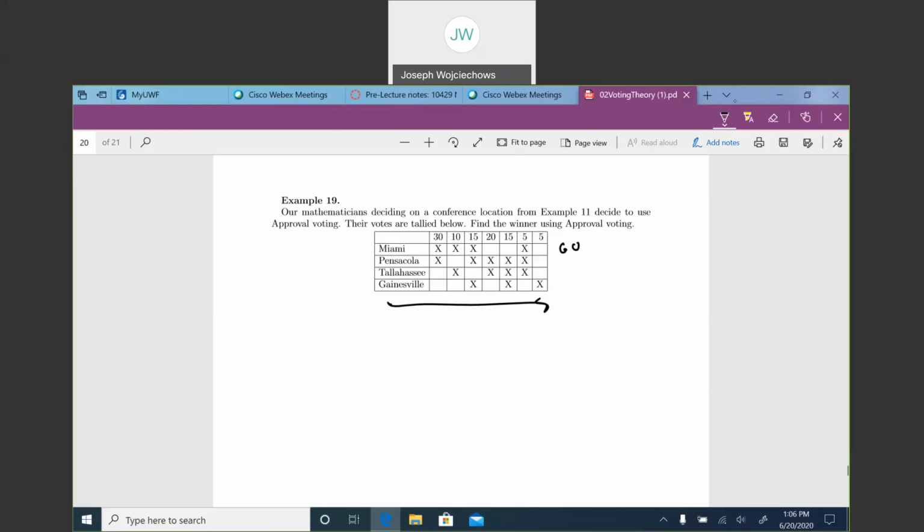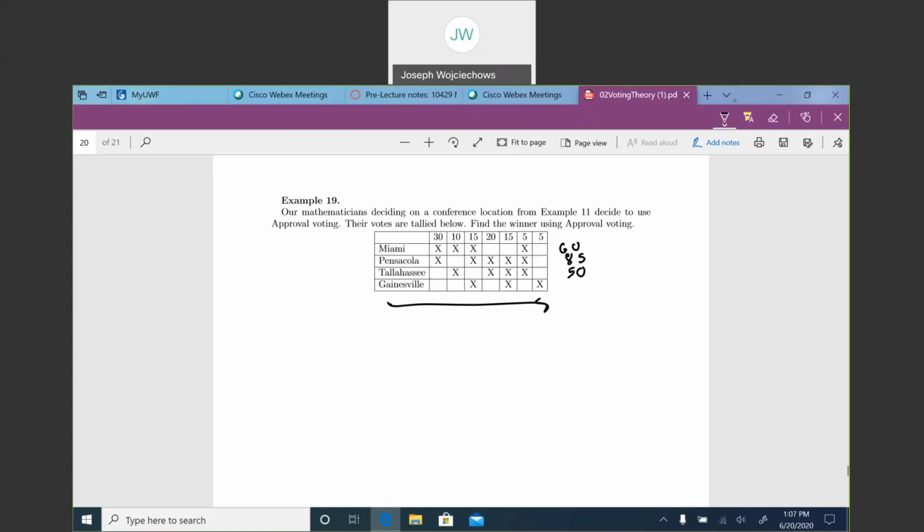Okay, next up we have Pensacola, 30 plus 15 plus 20 plus 15 plus 5. So that's 30, 45, 65, 70, 85. Looks like Pensacola may win again. Tallahassee, we have 10 plus 20 plus 15 plus 5, which is 50.